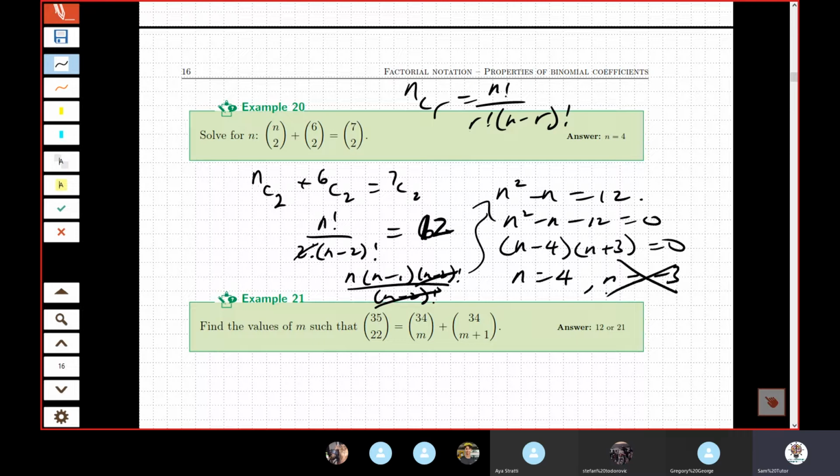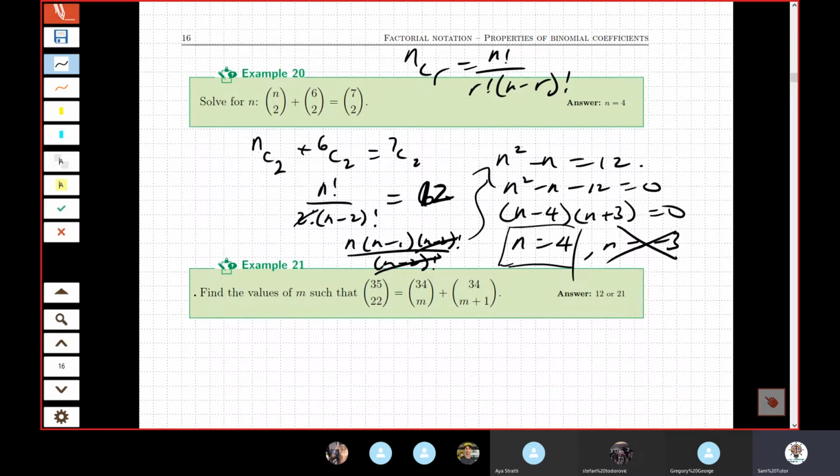You can't have negative terms, so therefore n equals 4. Why don't you guys try this one? Unless there are questions. Are there any questions about example 20? Why don't you try 21?